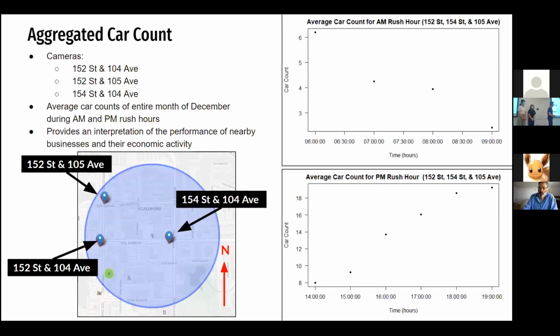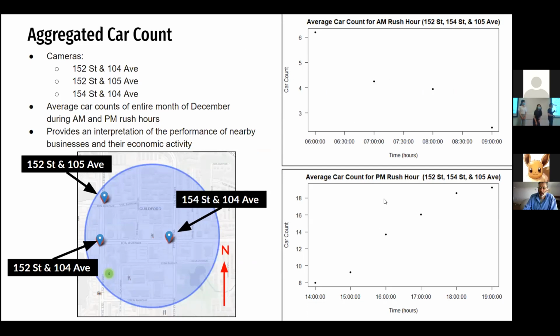What you're seeing here to your right is the average car count for all three intersections in the rush hours, AM on top, PM on the bottom, for the entire month of December. As you can expect, there are more traffic counts in the early morning rush hour as well as the late evening rush hour.